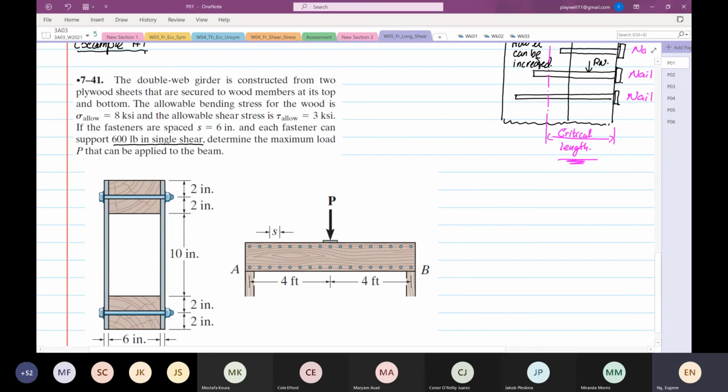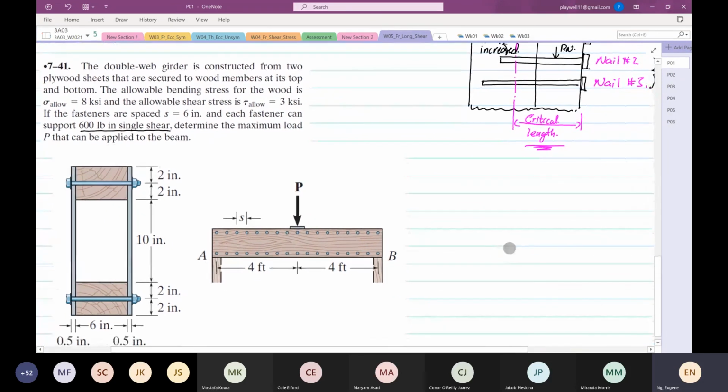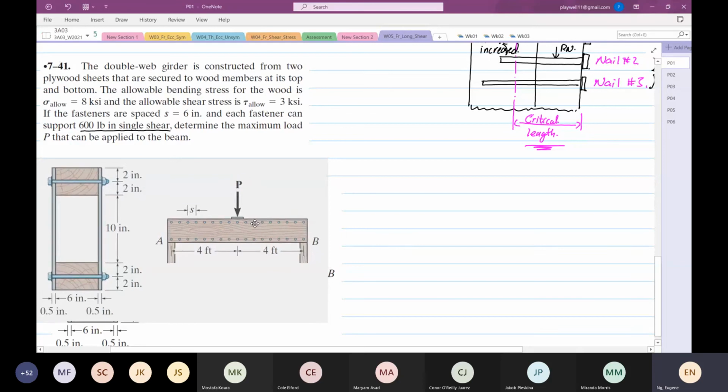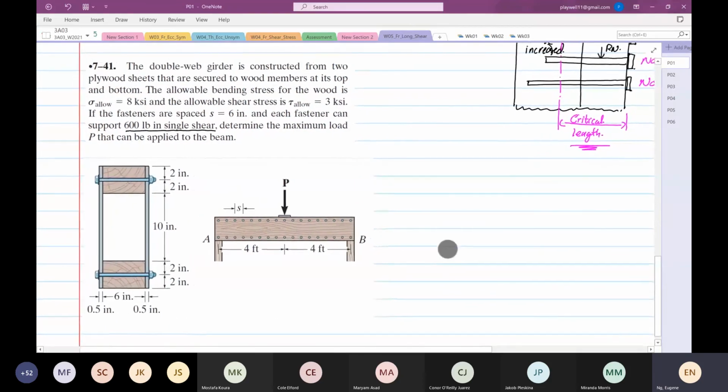Okay, so let's see what we have. When you see questions like this, you'll be like, why are they telling us so much information? Sometimes the information is useful, sometimes it is absolutely useless. So let's do it over here.